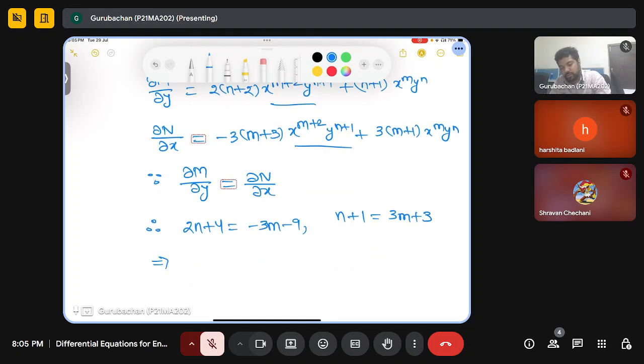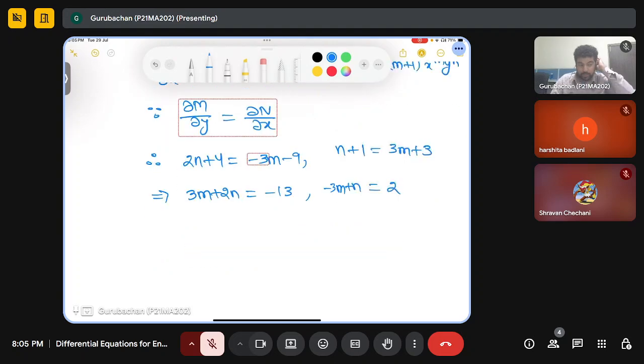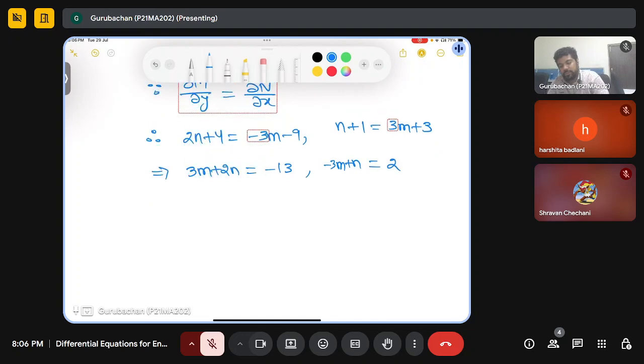So this will imply 3n plus 2n is equal to minus 13, and minus 3n plus n equal to 2. Is it the same you are getting? Okay, let me assume it is the same. If you add both the equations, then 3n is equal to minus 11, and n will be equal to minus 11 by 3.